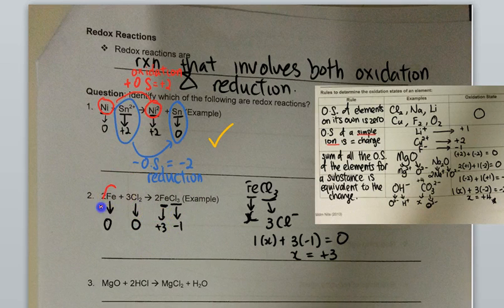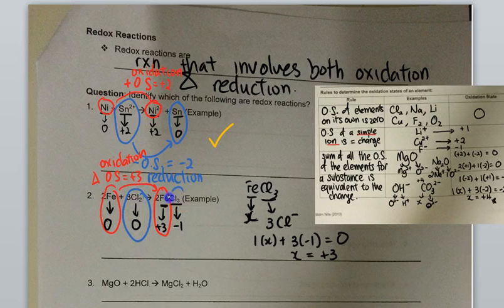Now, let's look at each element. Fe, from 0, it becomes +3. So the change in oxidation state, let's put a triangle, change in oxidation state is actually +3. So if the change is a positive change, +3, that means this is an oxidation.